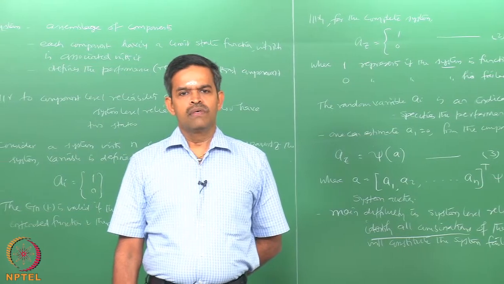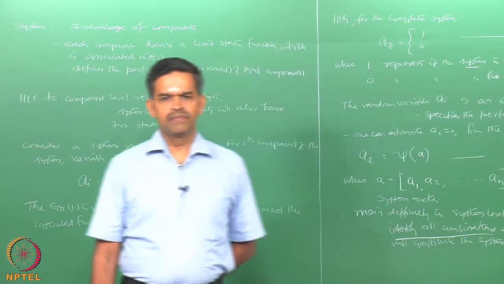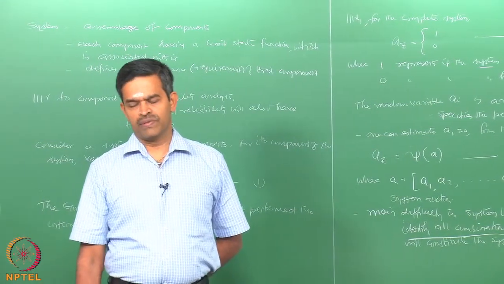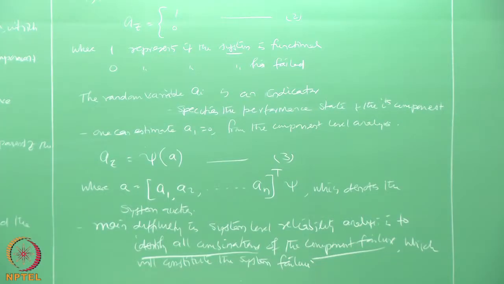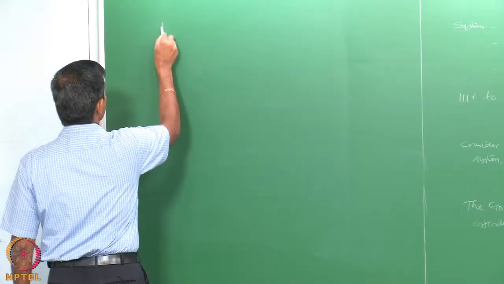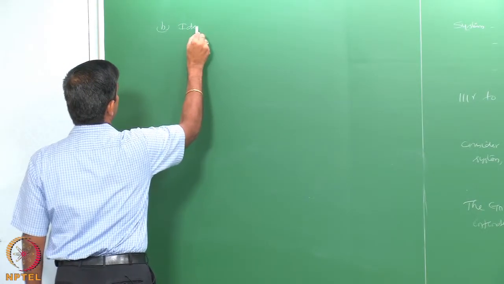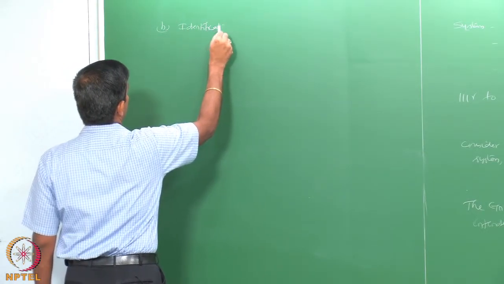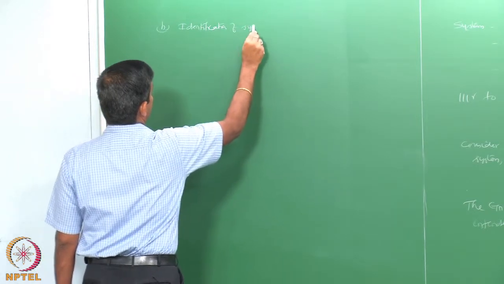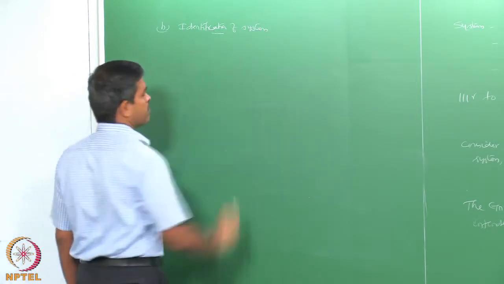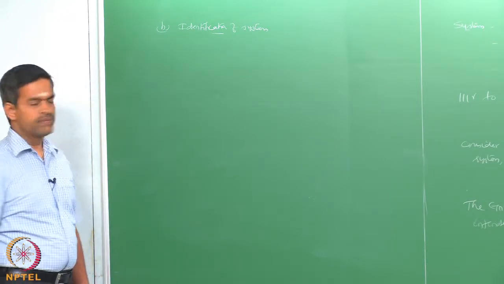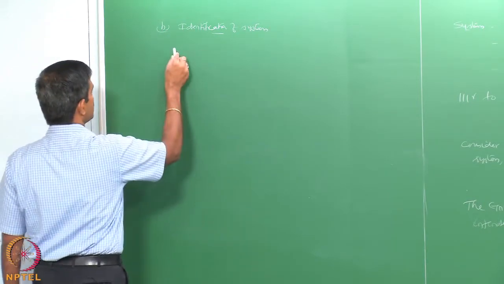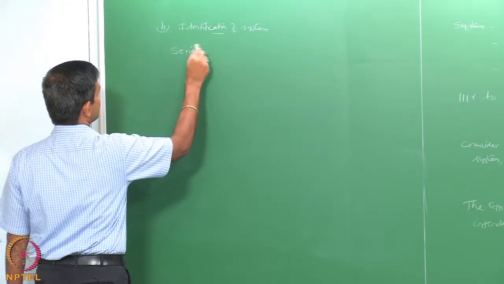Therefore, the system needs to be idealized. A system can be idealized in two ways: series system and parallel system. A system that fails needs to be identified. Let us say series system.